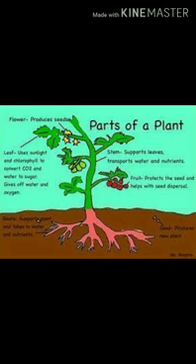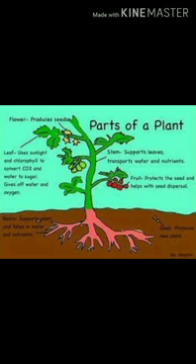L-E-A-F, leaf. Leaves cook food for the plant with the help of air, water and sunlight. And who is helping leaves to cook the food? Stem, by carrying water and minerals from the roots to the leaves. Okay, understood?